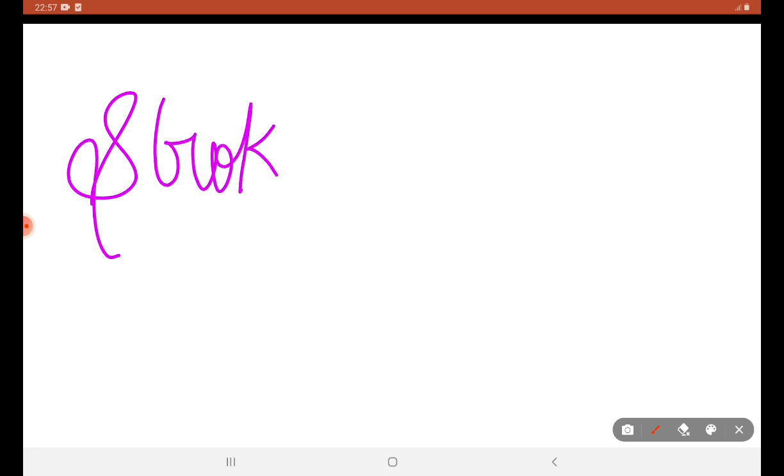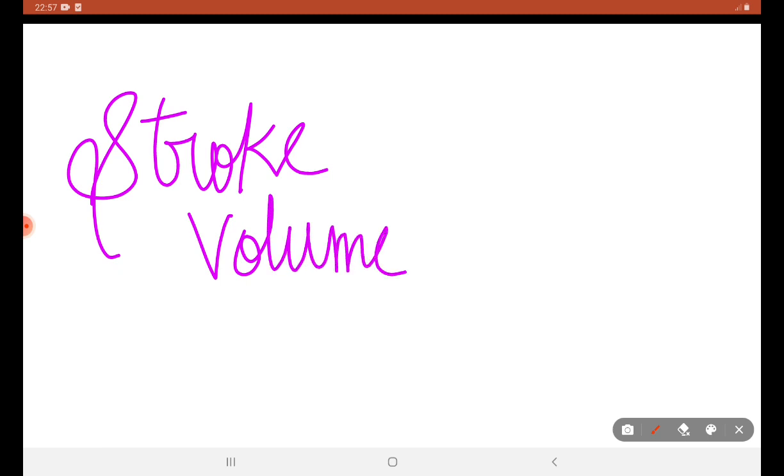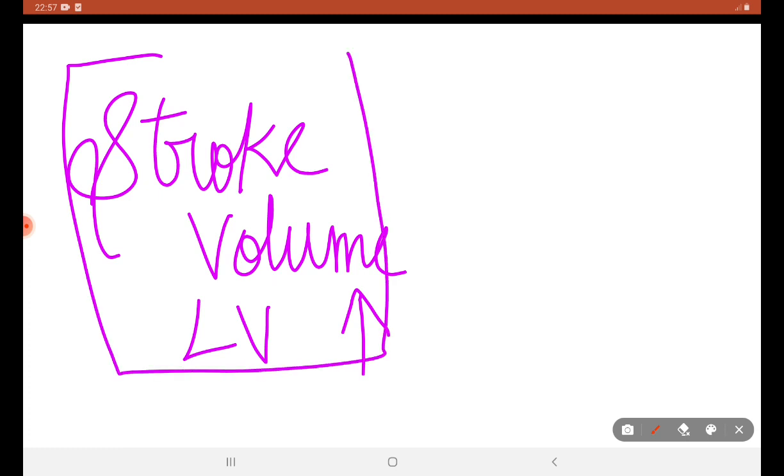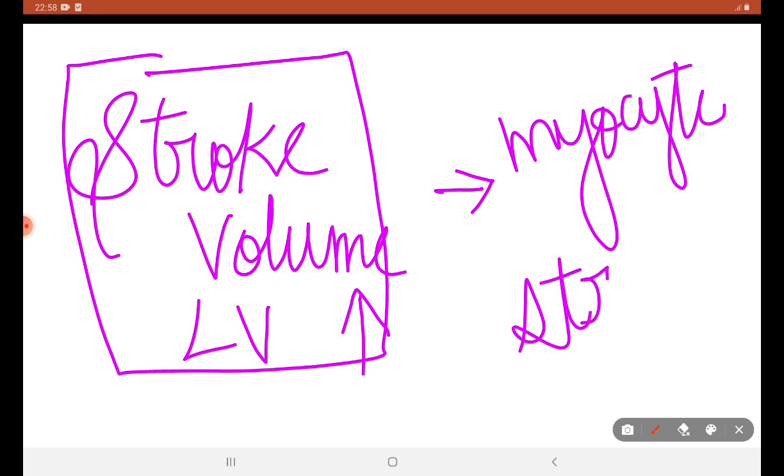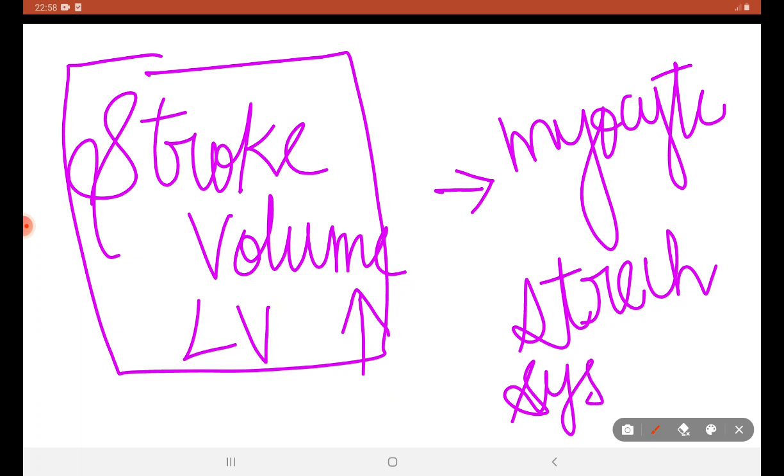Stroke volume of left ventricle will increase due to myocyte stretch and systolic contraction.